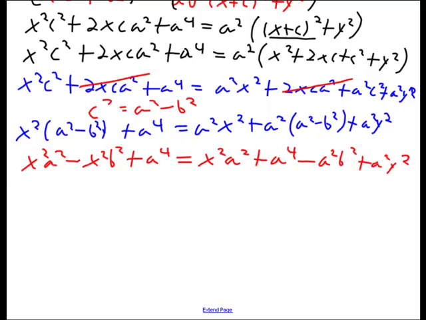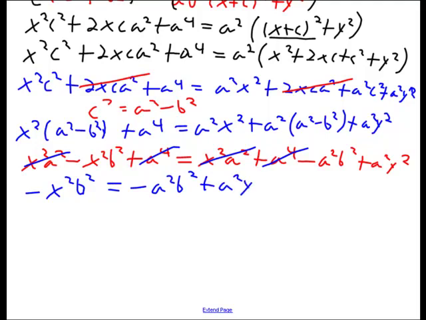So now what can we cancel out to simplify things even more? Well, we have a to the fourth on both sides. We can subtract and cancel that out. We have an x squared a squared on both sides. We can cancel those out. And we'll be left with negative x squared b squared is equal to negative a squared b squared plus a squared y squared.